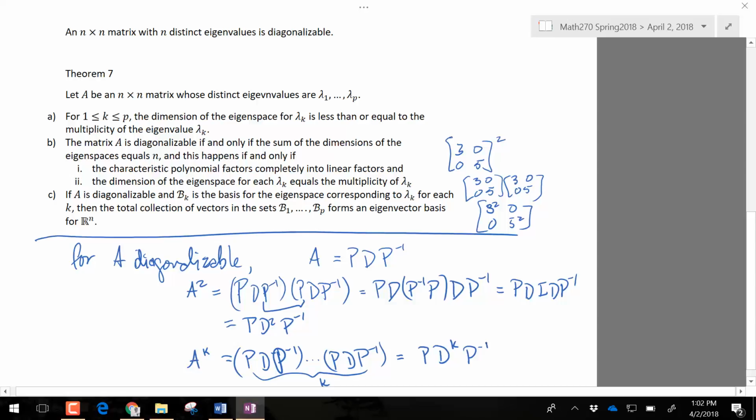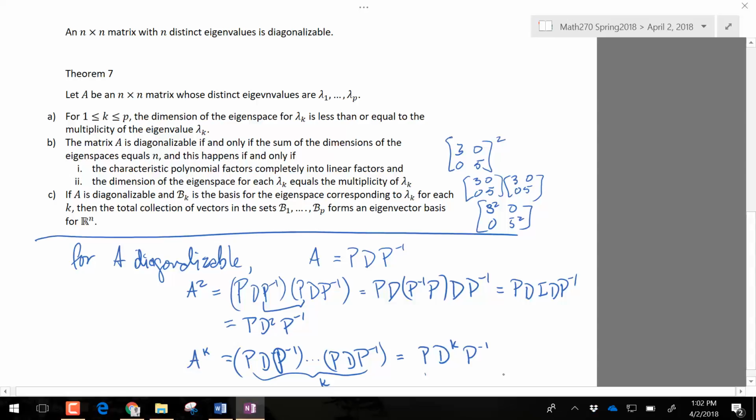So if you're raising it to the 20th power or something like that, then instead of multiplying A 20 times by itself, which could get kind of difficult, you can just take each of the diagonals, raise it to the 20th power, and then the only matrix multiplication you have to do is with P on the left side and P inverse on the right side.